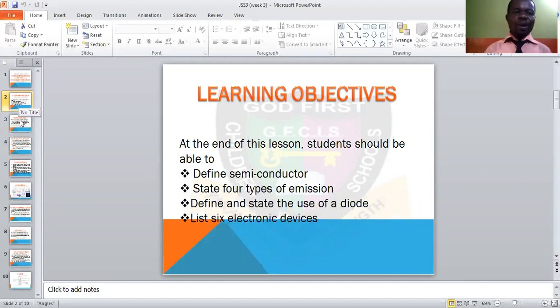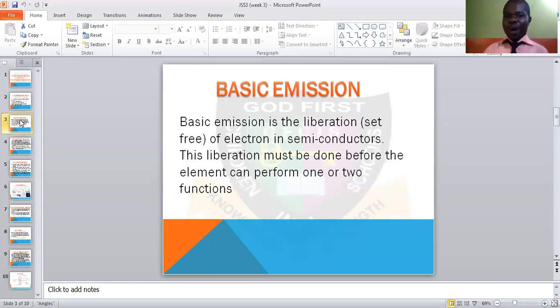We now go to the content, which is basic emission. When you say emission, it means release, set free, let it go. There are many words you can use for emission.